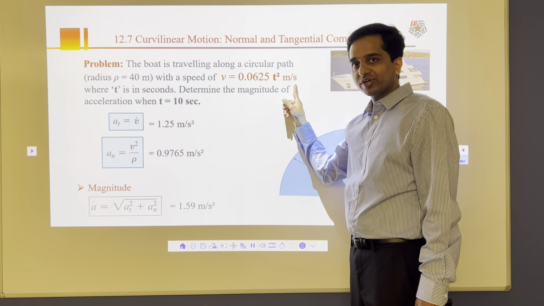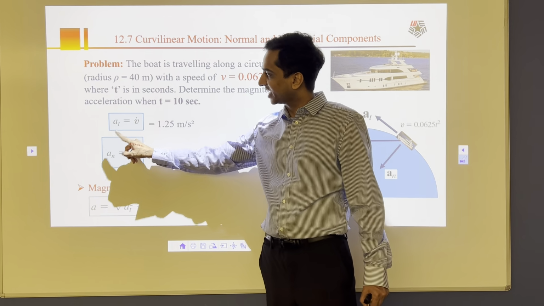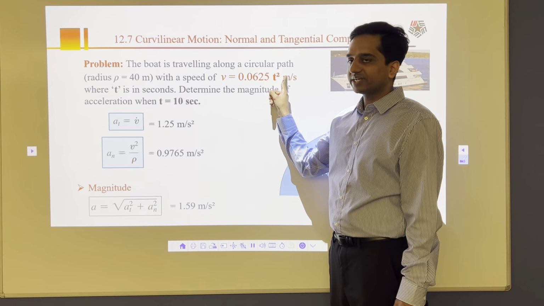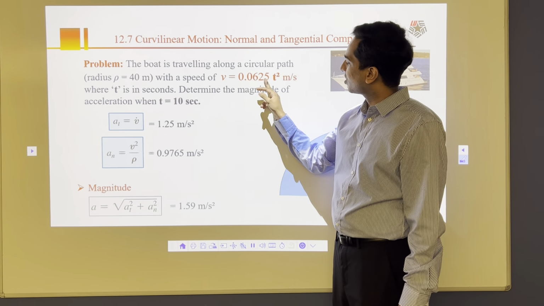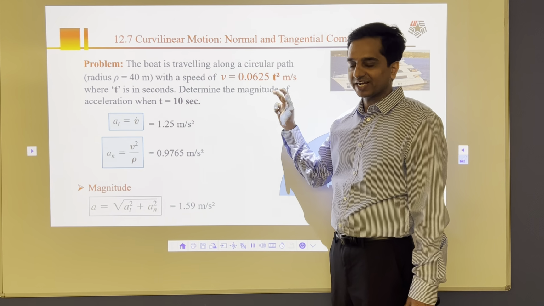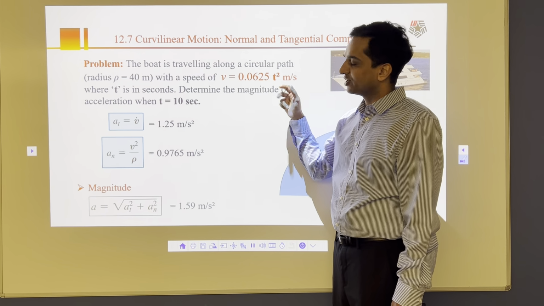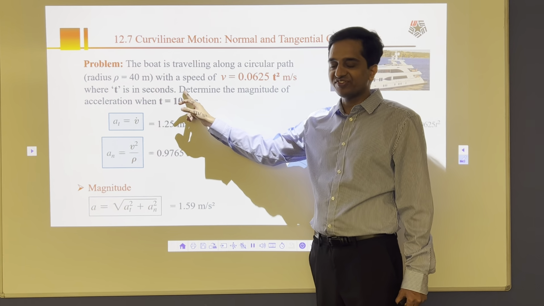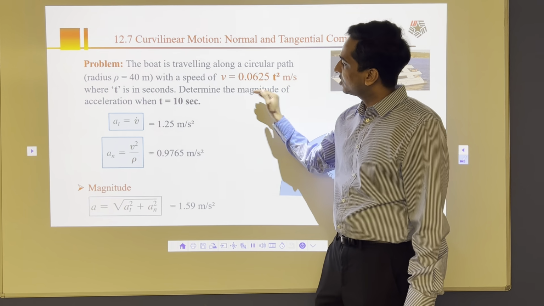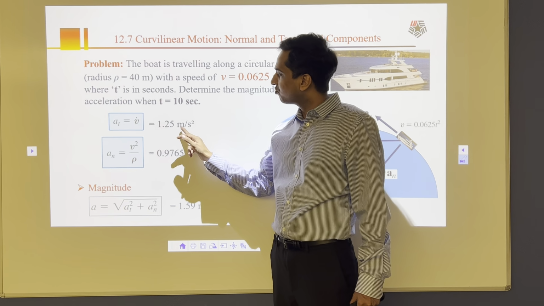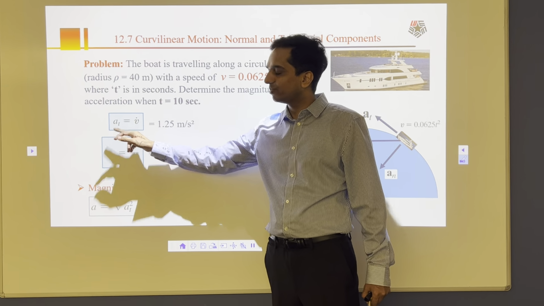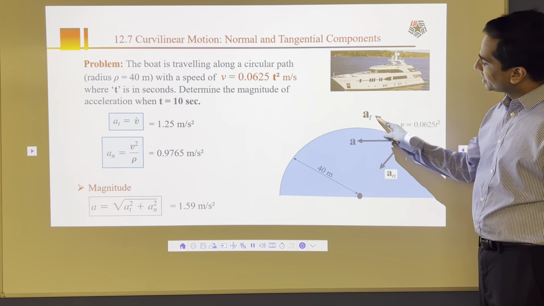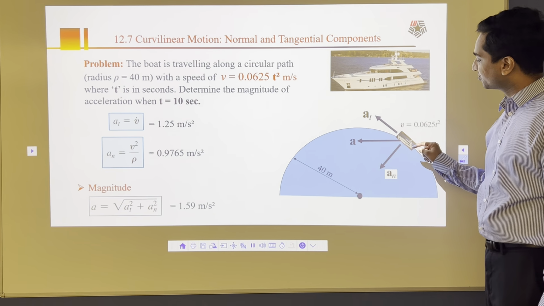If we differentiate it with time, we get v dot, which is a_t. 0.0625 t squared becomes 0.0625 into 2t, and in that we put t is equal to 10 seconds. We get 1.25 meters per second squared, and that is the tangential acceleration a_t.